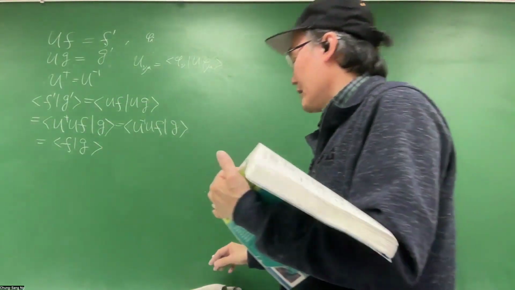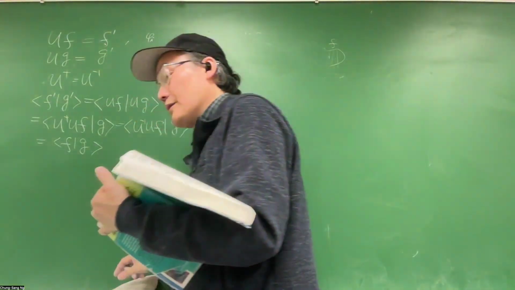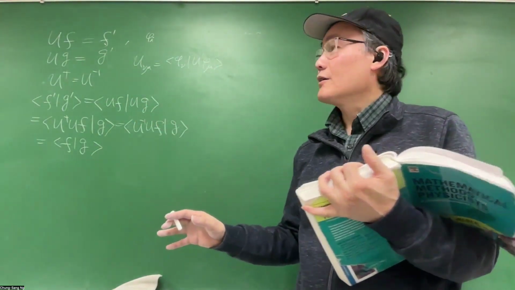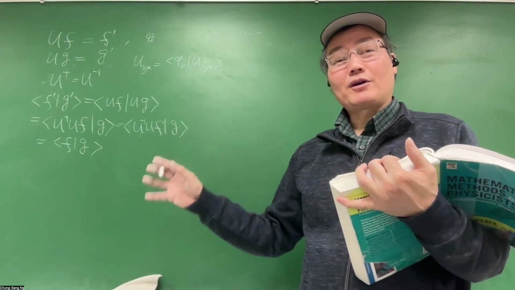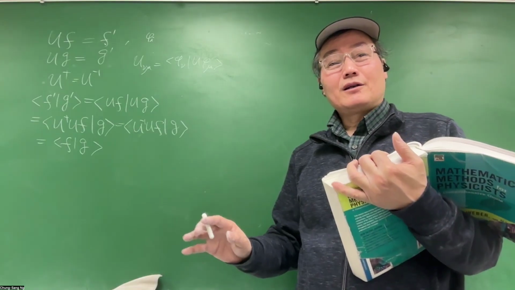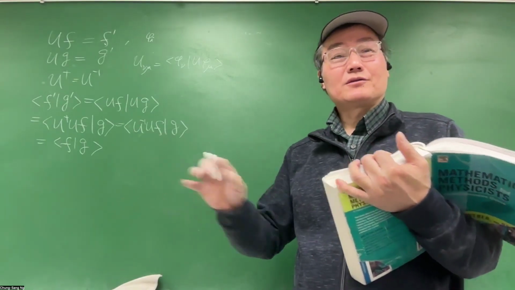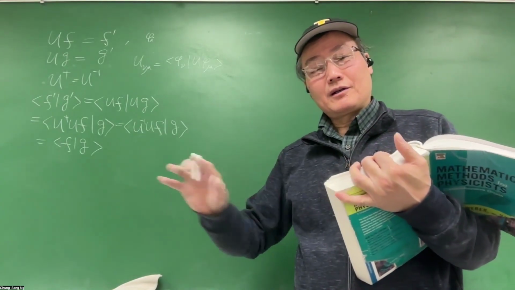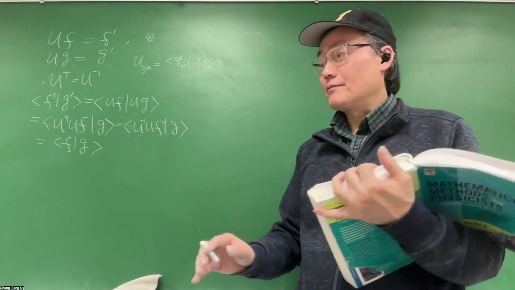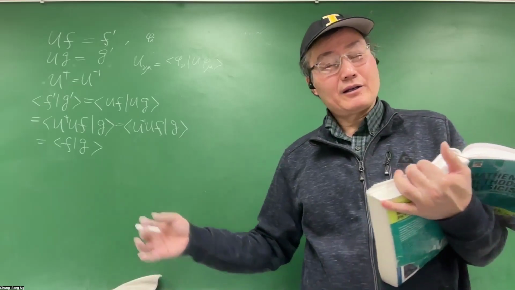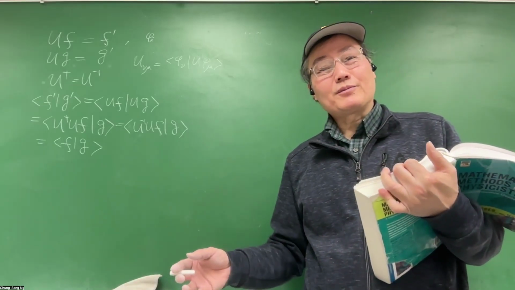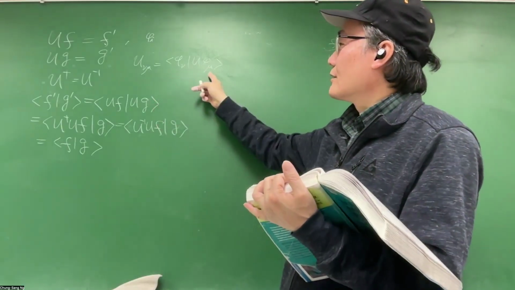But in another case you can consider, you keep the same state or the same vector, but you expand it in a different set of bases. And you want to know how the coefficients under these two sets of bases transform. It turns out to be transformed by a unitary matrix also, but the matrix is not given by this element.